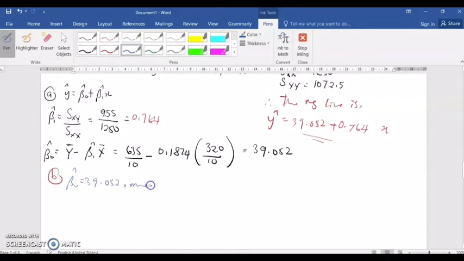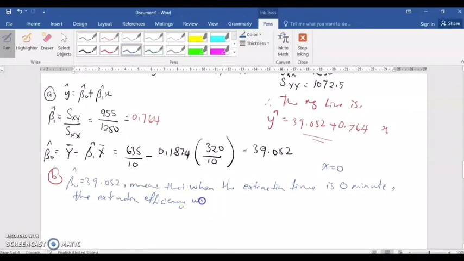This time our x and y are different. So it means that when the extraction time is 0 minutes, the extraction efficiency will be 39.052%. Because it is in the form of percentage, as I said, when you have a unit, you should use that unit.